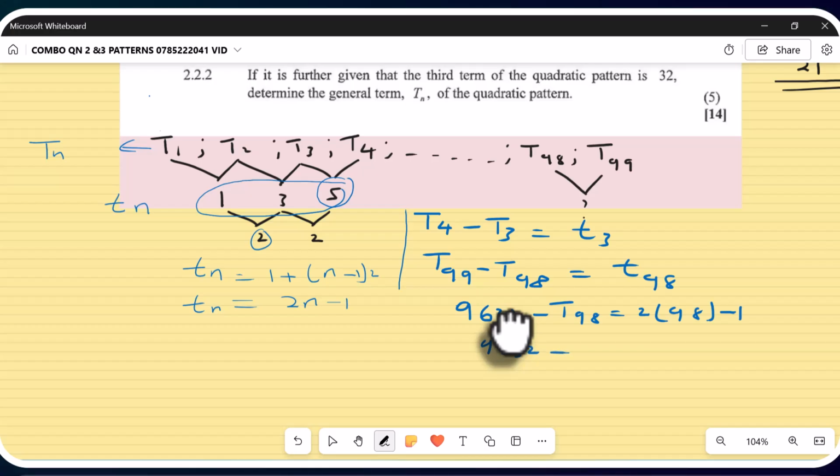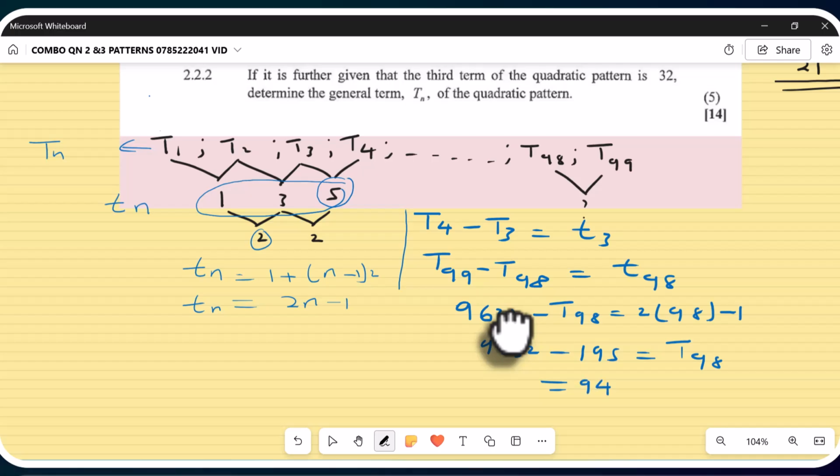So T98 here, I'm getting it as 9437. That's our T98. Okay. Hope we are together. That's that one there. Then let us continue.